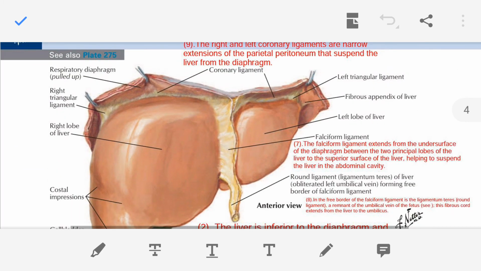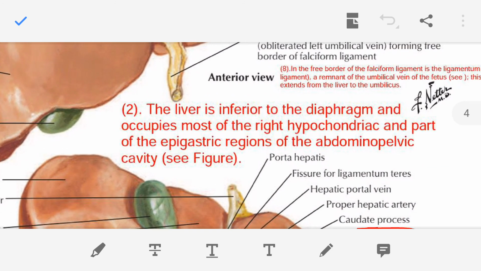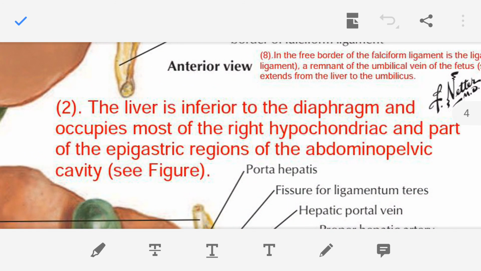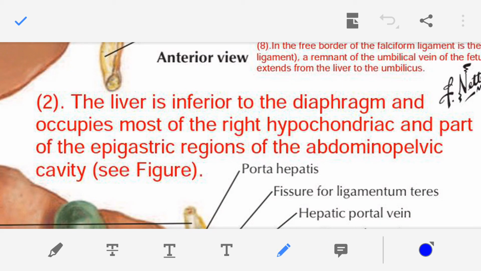Now moving on to the second point. Here is the location or the position of the liver in the body, where in our body the liver is situated. So the liver is inferior to the diaphragm.